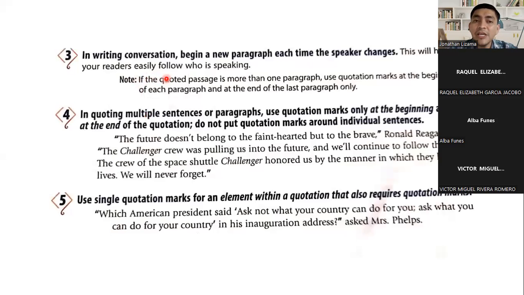In writing conversation, begin a new paragraph each time the speaker changes. If the quoted passage is more than one paragraph, use quotation marks at the beginning of each paragraph. ¿Qué nos está diciendo?